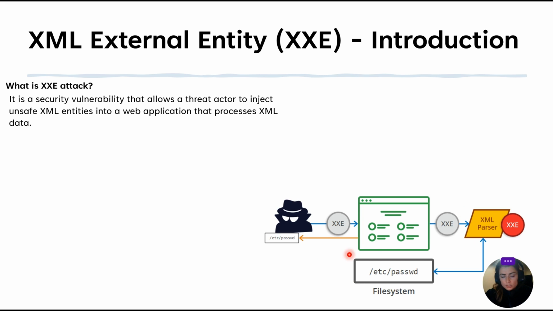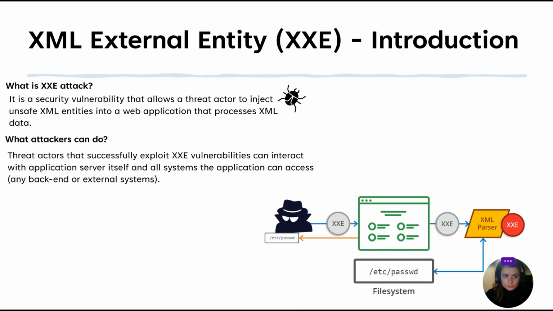This is how it works. So the hacker is checking to see if the website that they're hacking basically parses XML data. If it parses and if the parser is vulnerable, they will try the external entity, only the external entity, as you can see, to exfiltrate data. Okay? And what attackers can do?